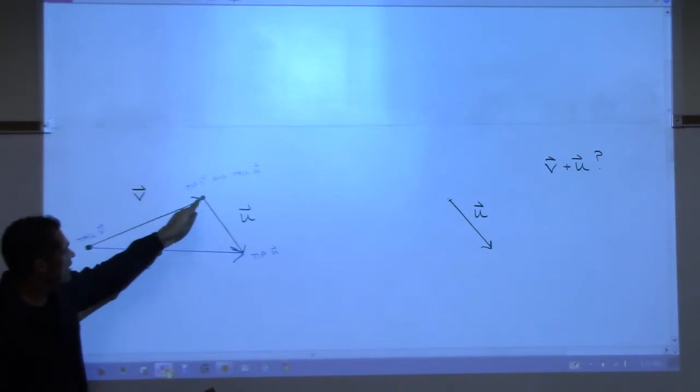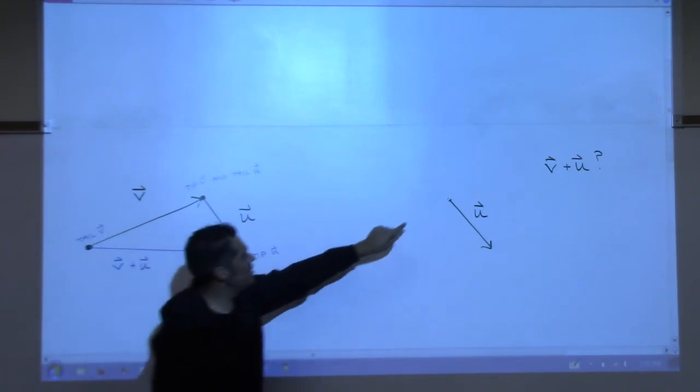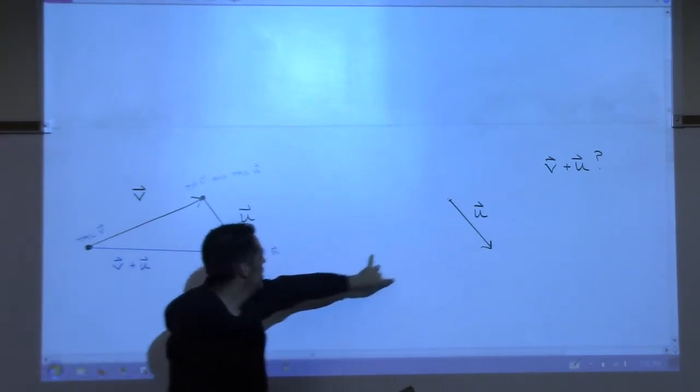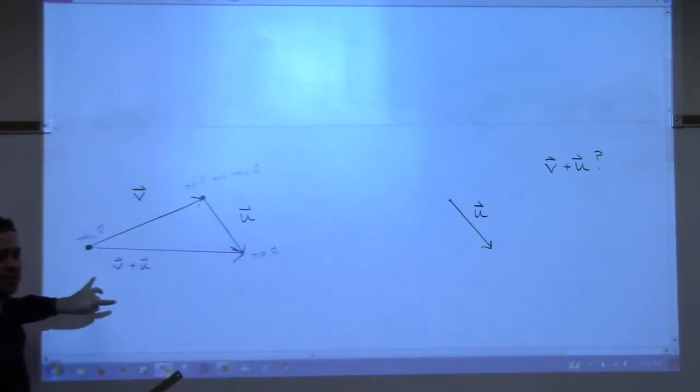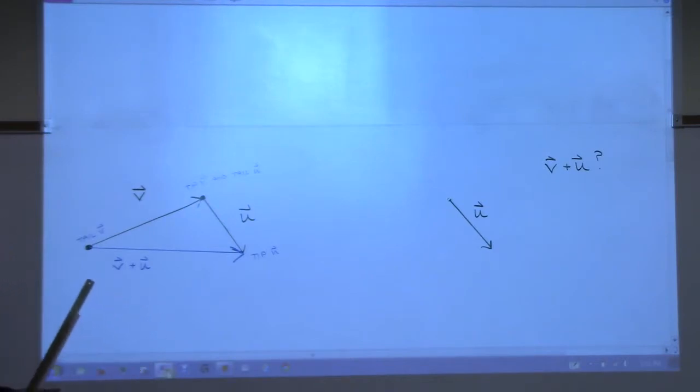You take the tip of one and attach it to the tail of the other. I did not take the tail of U and attach it to the tail of V, did I? No. I went tip to tail.